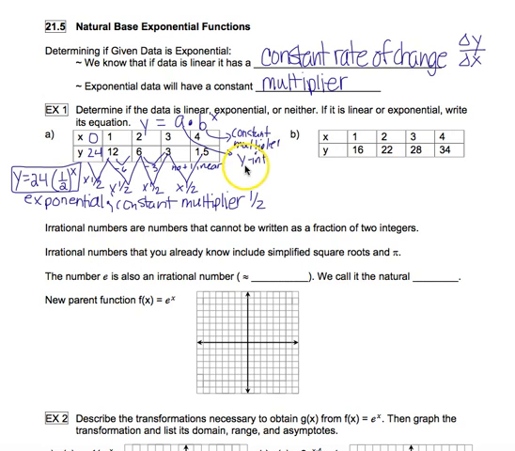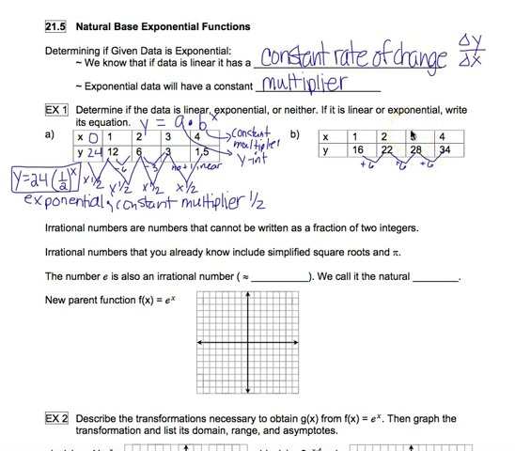All right, let's look at b. Again, as I look at this data, my x's are all going up by 1, so I know those are constant. When I look at my y's, here I added 6. Here I added 6. And here I added 6 again.